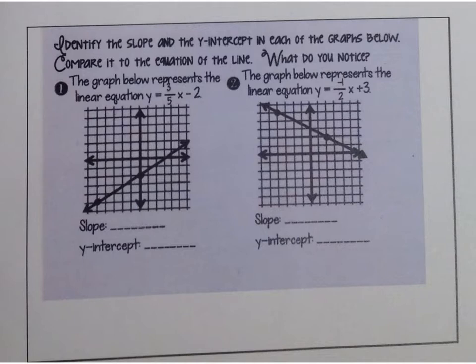So on these, you're being given the equation, and all you're being asked to do is to identify the y-intercept and the slope. So here, the y-intercept, remember, y equals mx plus b. So the slope here is going to be 3/5. The y-intercept is negative 2.